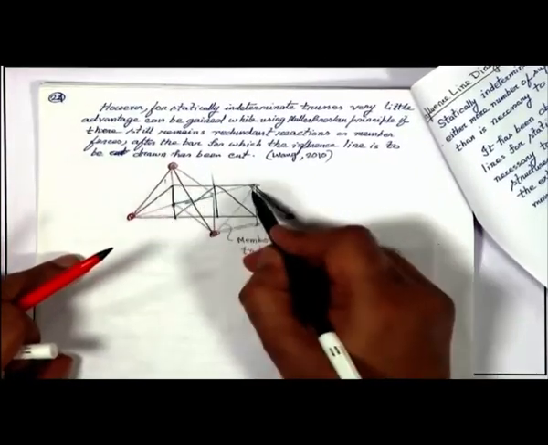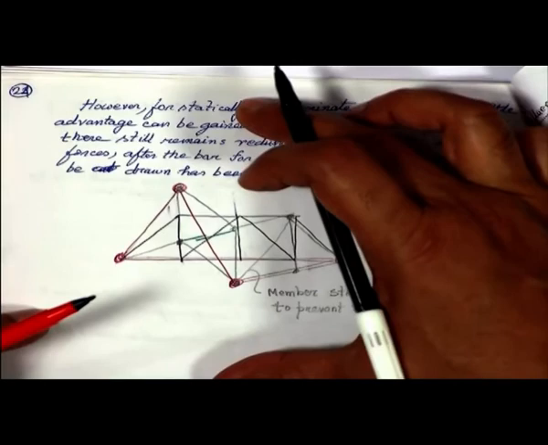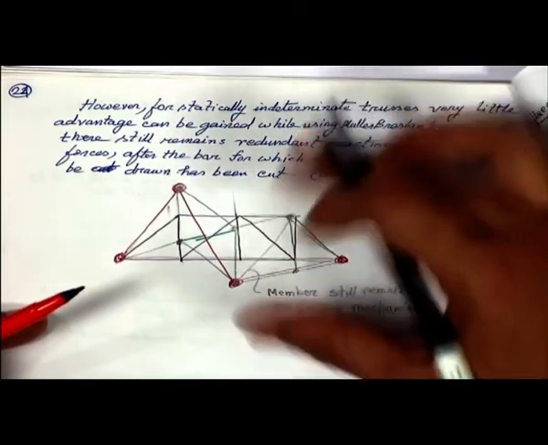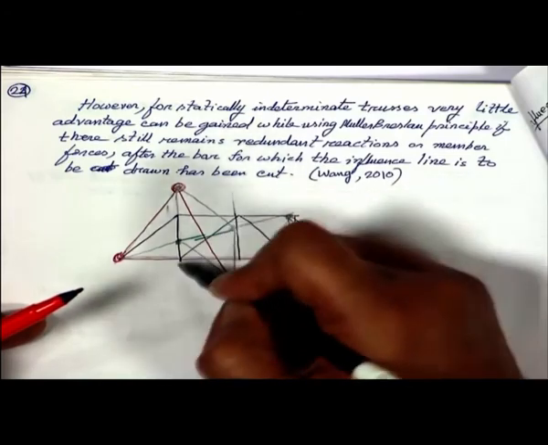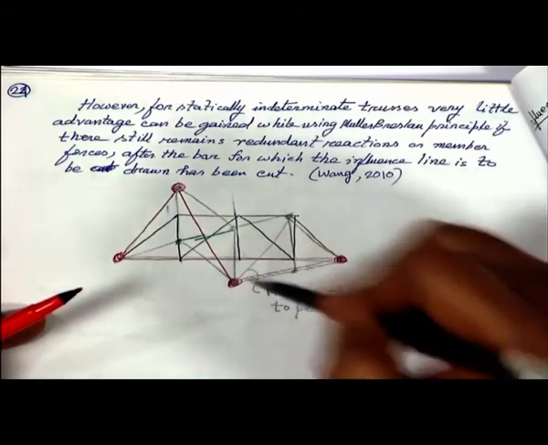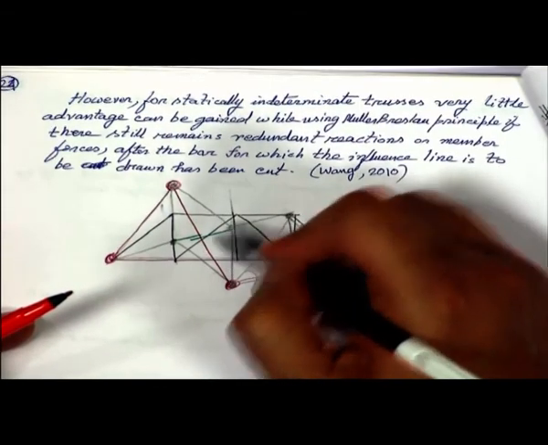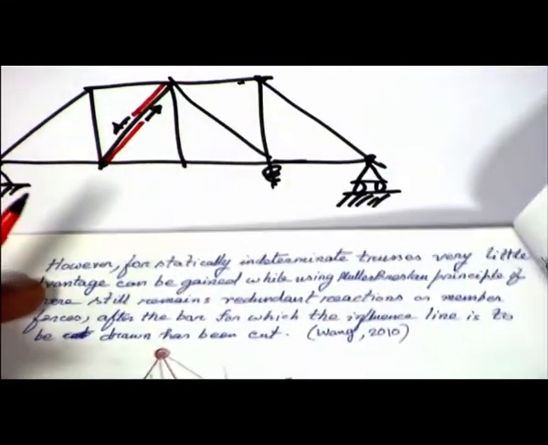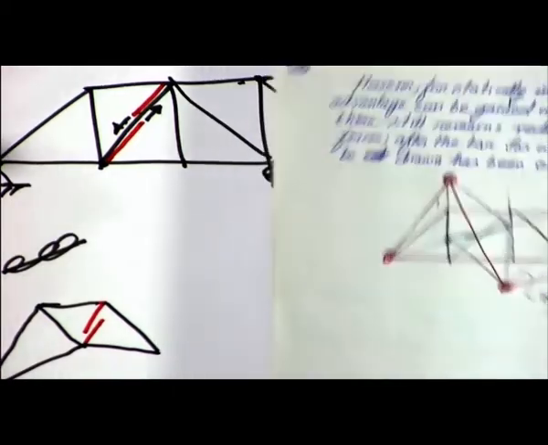You can see this particular figure where I am explaining the Muller-Breslau principle to the students. I am interested in this member force, and what is happening when a unit load moves onto the bottom chord. I have destroyed its capability to resist tensile forces as I have shown here, and then let me show the deformed configuration.